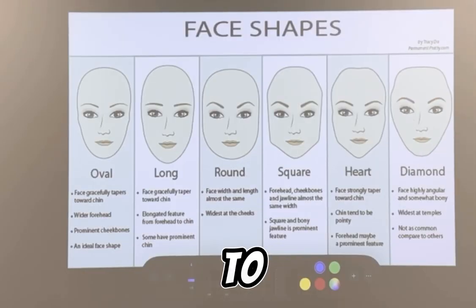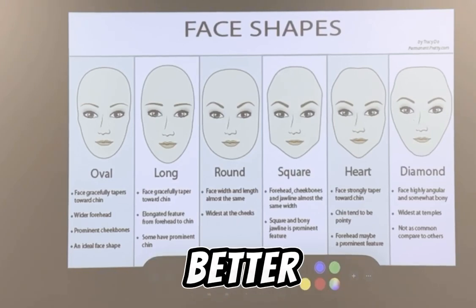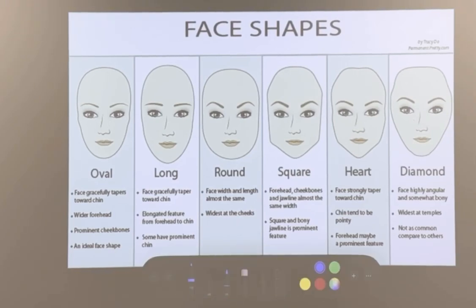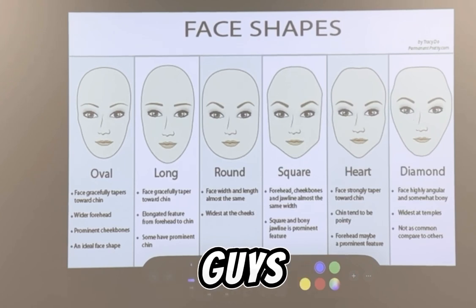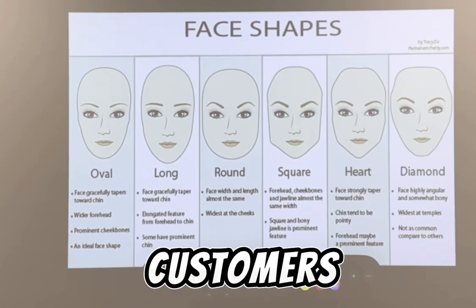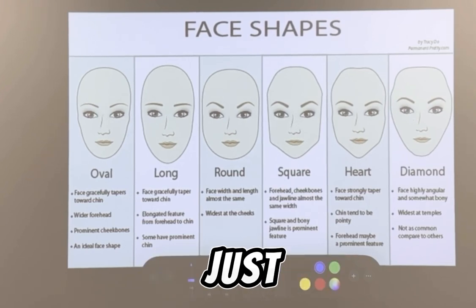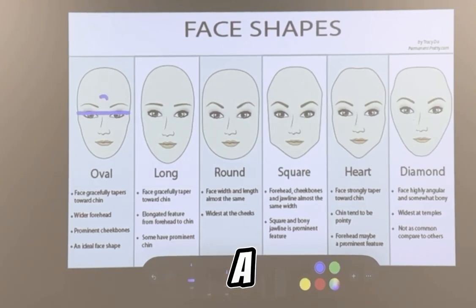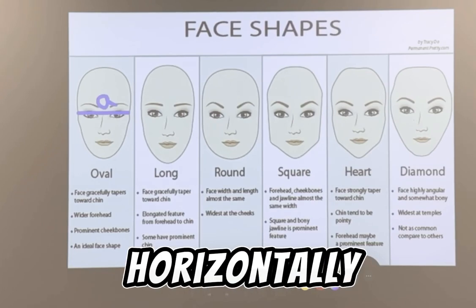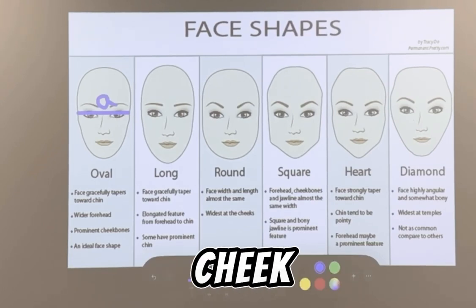Okay, here I would like to add something for a better understanding of the face type, because maybe you guys won't see exactly these faces with customers or around yourself. I want to give you an example. Let's imagine this part we call A, I mean horizontally across the face from cheek to cheek.